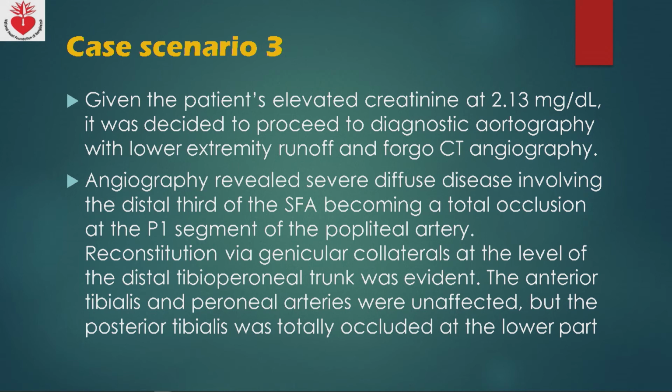Angiography revealed severe diffuse disease involving the distal third of the SFA, becoming a total occlusion at the P1 segment of the popliteal artery, and reconstitution via genicular collaterals at the level of the distal tibioperoneal trunk. The anterior tibial and peroneal arteries were unaffected, but the posterior tibial was totally occluded at the lower part.